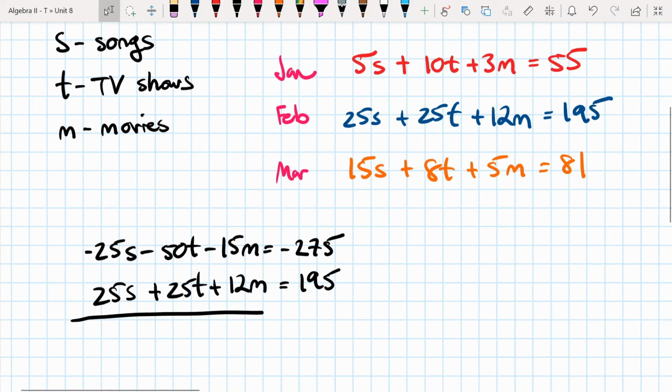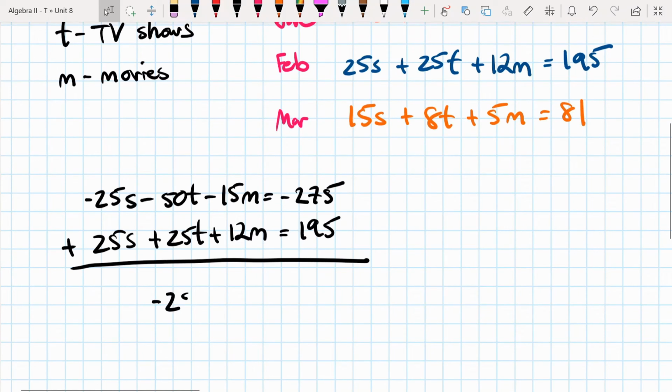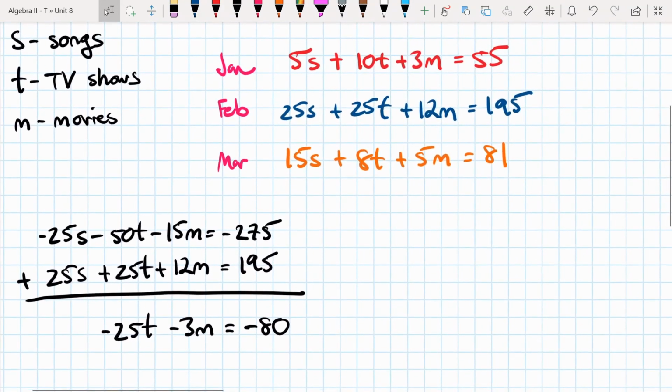And let's add these together. So we end up with -25t minus 3m equals -80. So that's one equation with 2 unknowns.